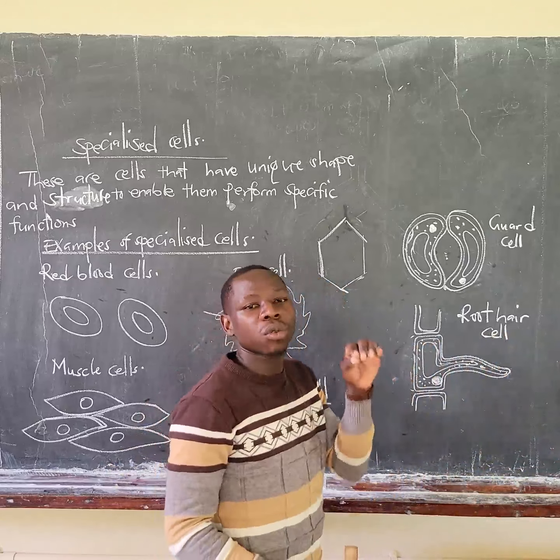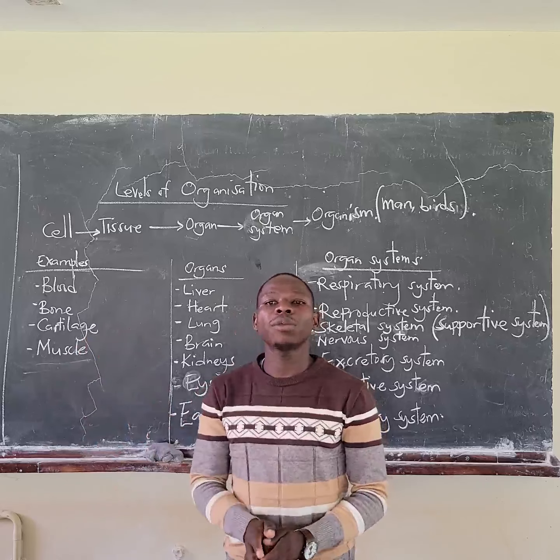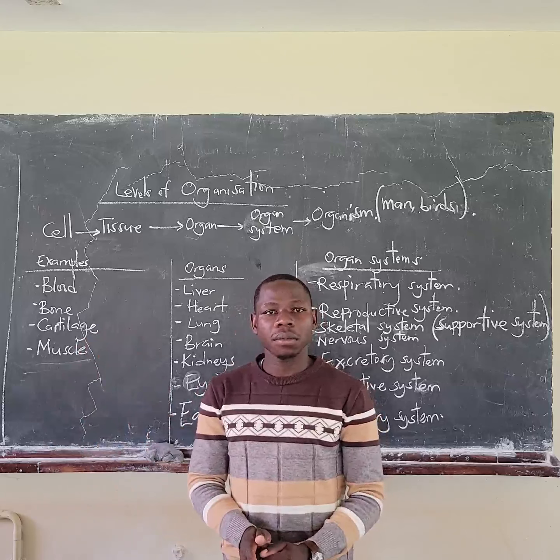And multicellular means they have several cells. There are some organisms where one cell alone serves as the entire organism, while there are other organisms where very many cells aggregate or come together to form what we are calling an organism.